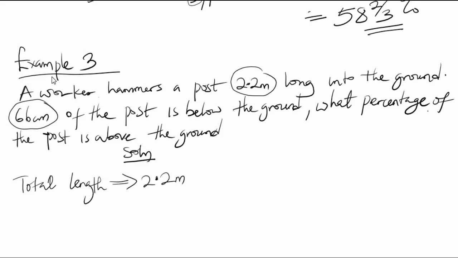So 2.2 meter to centimeter is 2.2 times 100, which equals 220 centimeter. You know that 100 centimeter is equal to 1 meter.